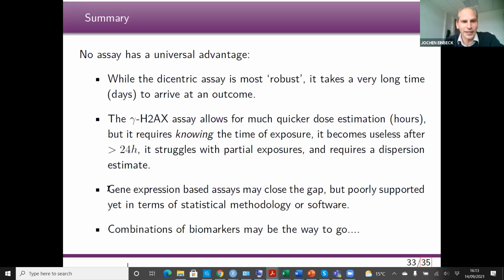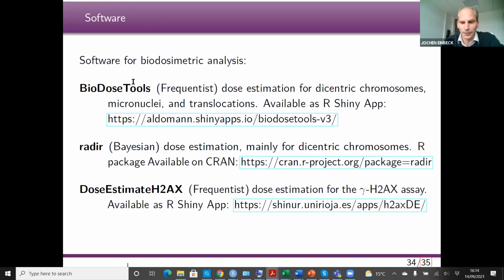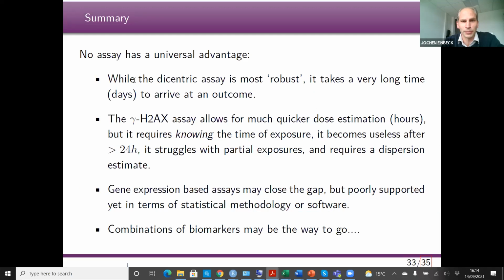And this is when this one is not applicable anymore, and the centric one is not applicable yet. So the public health laboratories are still trying to close that gap somehow. The gene expression assays may be in a position to do that. Combinations of biomarkers may also be the way to go.